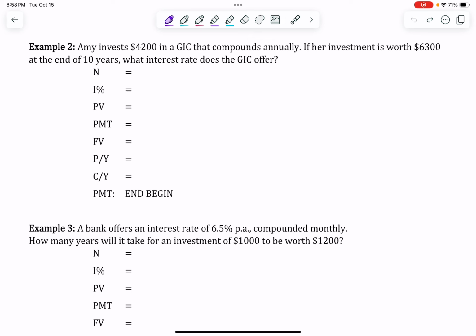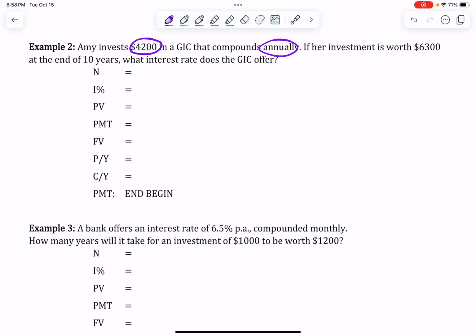So Amy invests $4,200 in a GIC that compounds annually. If you remember from our first day, we talked about GICs. That stands for a Guaranteed Investment Certificate, which is essentially a loan that you give to the bank.